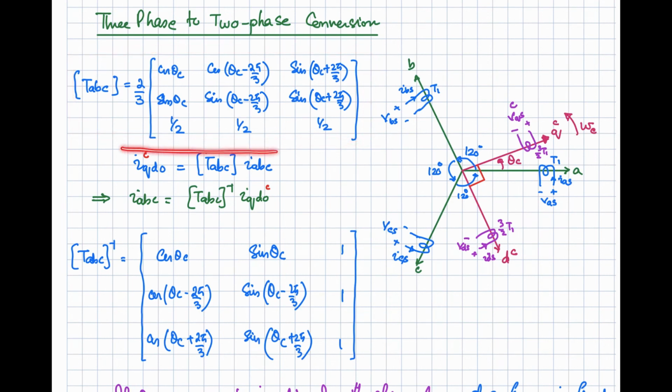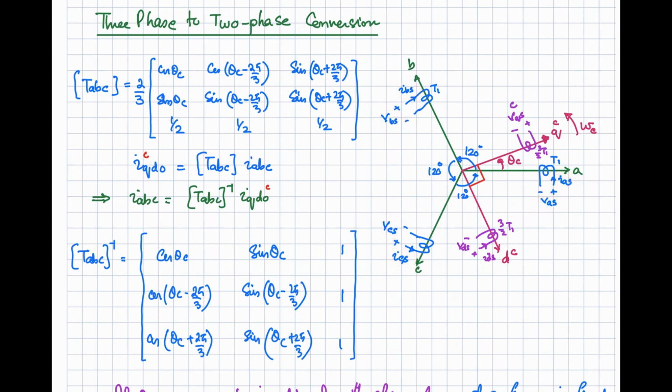So this was the equation that IQDO in rotating frame of reference will be obtained by multiplying this transformation matrix with the quantities in ABC frame of reference, where ABC frame of reference is representing this IAS, IBS, ICS current, or in terms of voltage VAS, VBS or VCS.